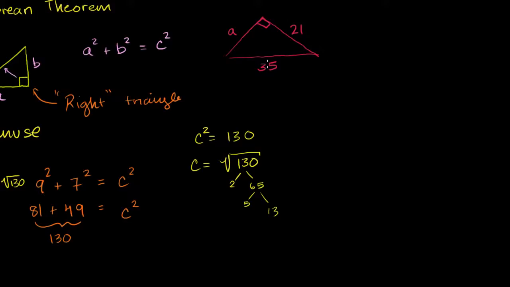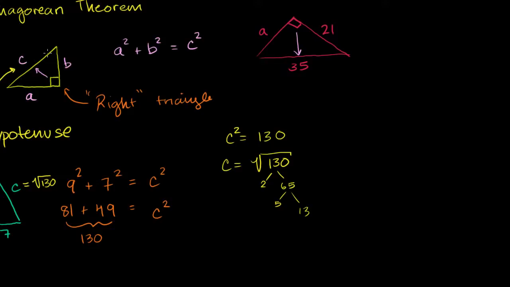So your instinct to solve for a might say, hey, 21 squared plus 35 squared is going to be equal to a squared. But notice, in this situation, 35 is the hypotenuse. 35 is our c. It's the longest side of our right triangle. So what the Pythagorean theorem tells us is that a squared plus the other non-hypotenuse side squared.